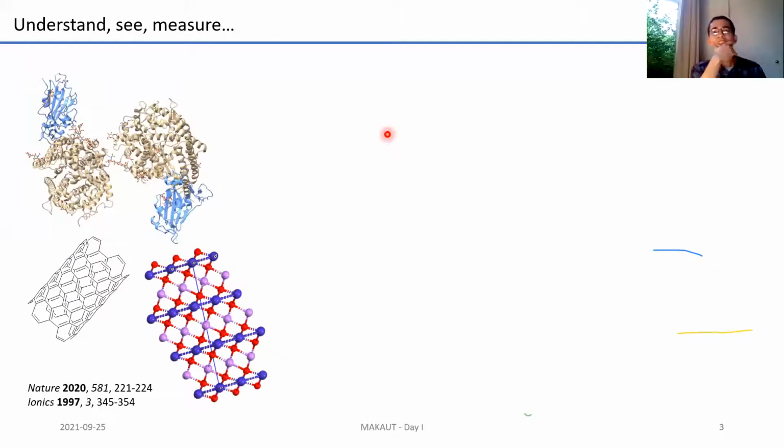So the approach that I guess everyone wants to take when using spectroscopy to understand material science is to first of all understand atoms, molecules, materials at a very basic fundamental level, and then see it using spectroscopic techniques.